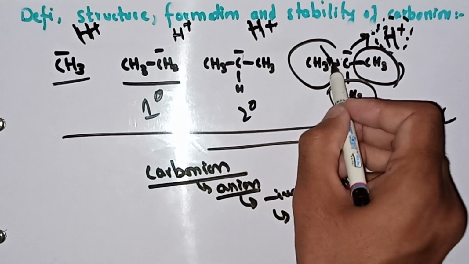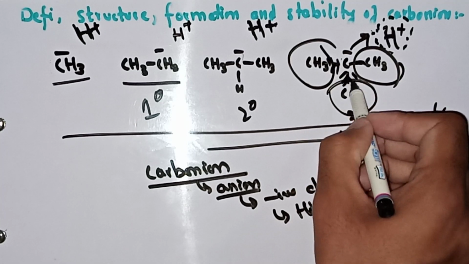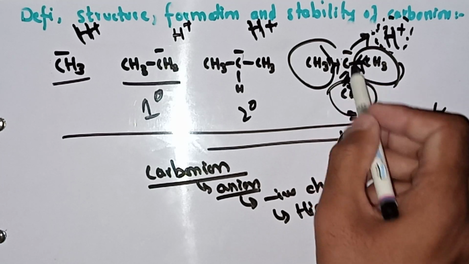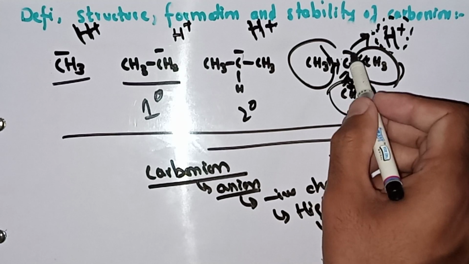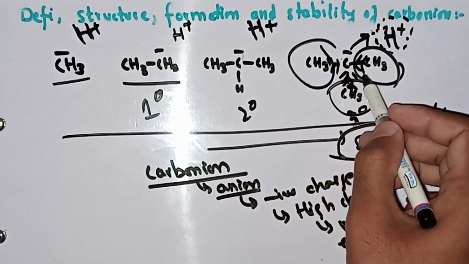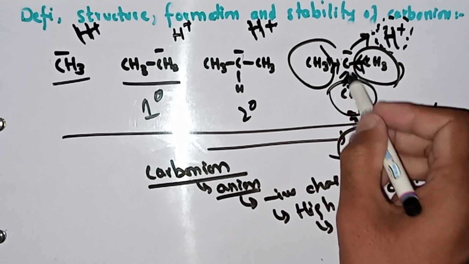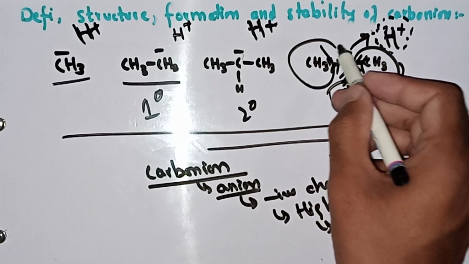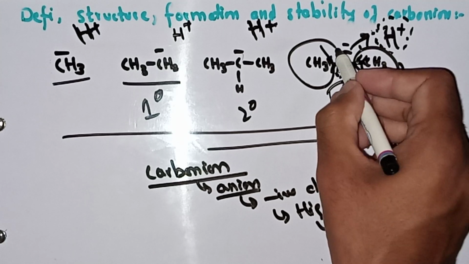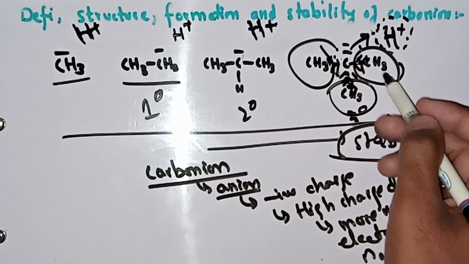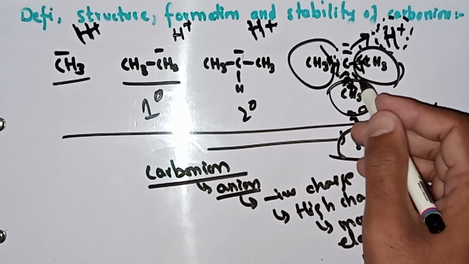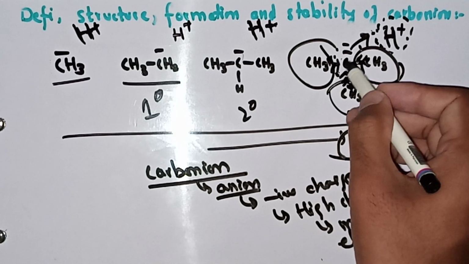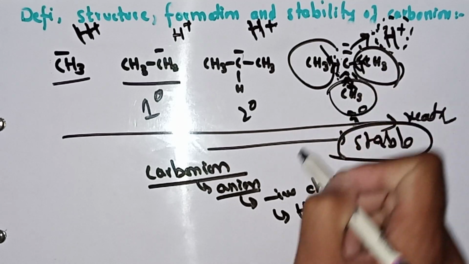This will further increase the electron density on the carbanion. A carbanion already has greater electron density, but when electron donating groups are attached to the carbon, it further increases the electron density. That means it will further increase the reactivity, and the possibility that hydrogen will attack this carbon easily.